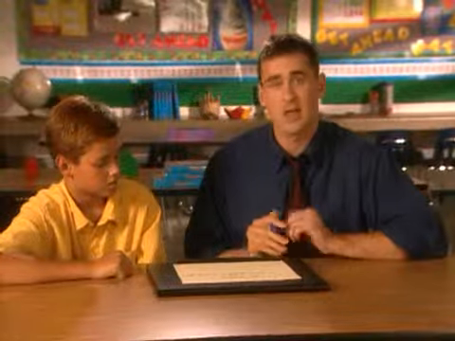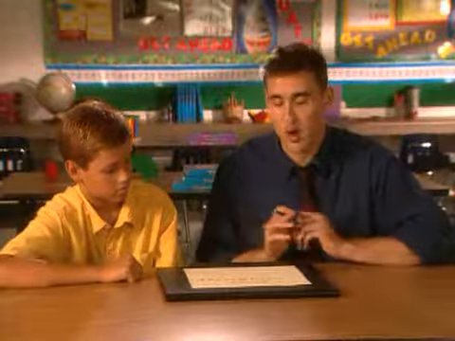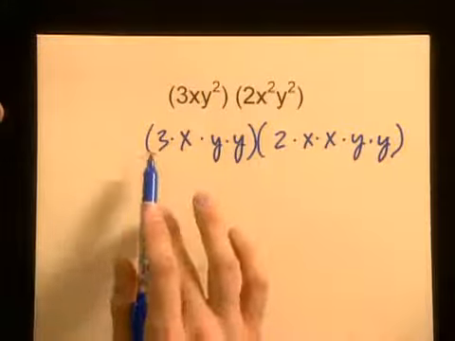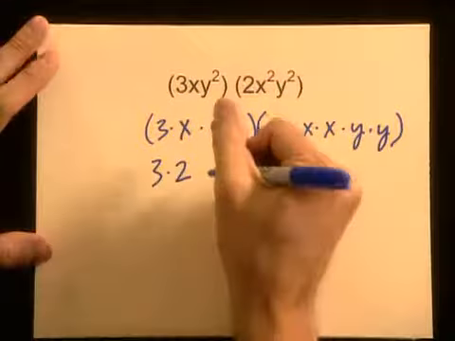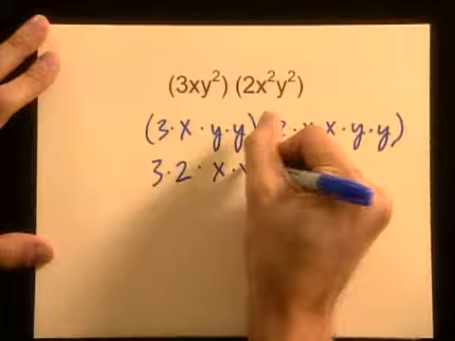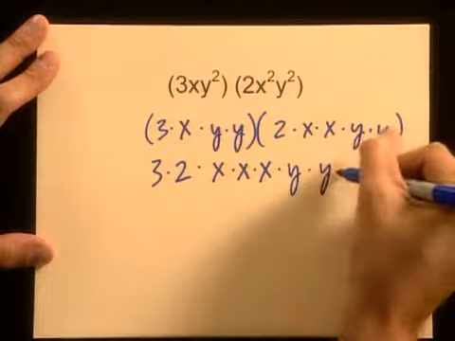There's a rule that says when you're multiplying a lot of things together, you can move them around and put them where you want. So I'm going to put the numbers together, 3 times 2. I'm going to put the x's together, and I have a total of 3. And I'm going to put the y's together. I have a total of 4.